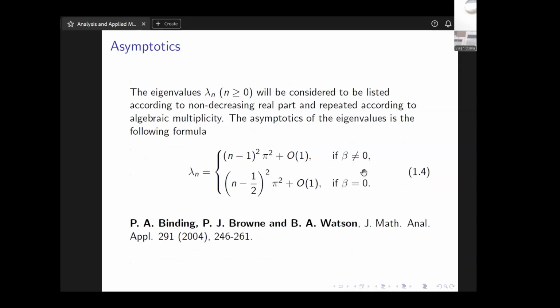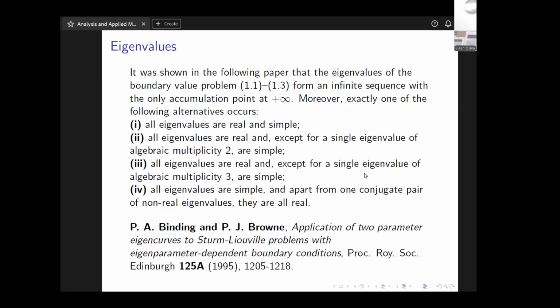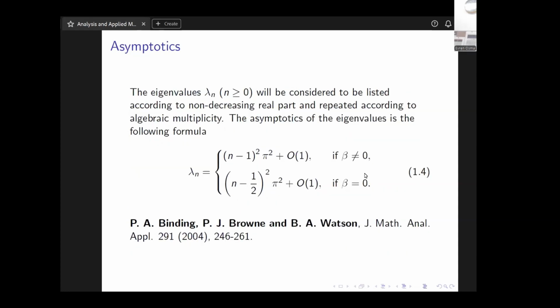The asymptotic formulas are obtained for much more general problems by, again, Binding, Browne and Watson in 2004, for general rational dependence on lambda. In the particular case of linear dependence, the asymptotic formula looks like this.